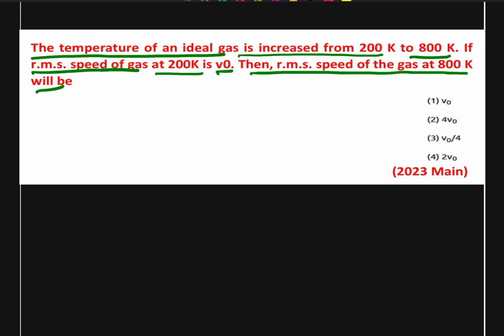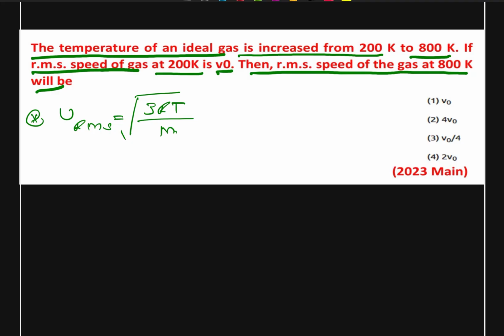So this is based directly on the formula. We know that our r.m.s speed for ideal gas, that is V_r.m.s, is equal to square root of 3RT upon M, where R is the gas constant, T is the temperature, and M is the molar mass.